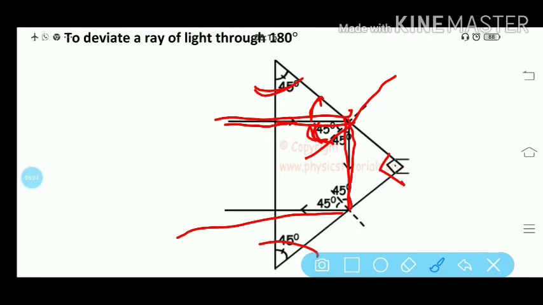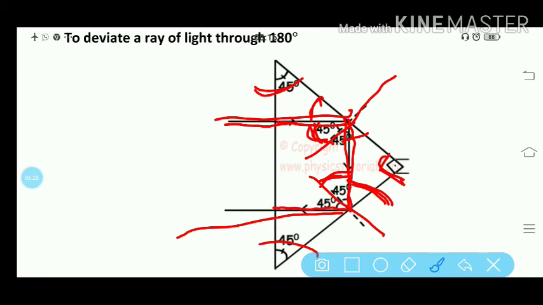Again it strikes this surface. Here also, same process. This is the normal. This angle is 90 degrees, so this angle will also be 45 degrees. This was 45, so this will also be 45 degrees. Hence this angle will also be 45 degrees, which is more than the critical angle of the prism.